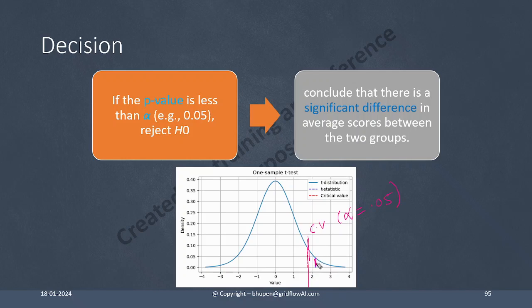Now, if your t-statistic is more than the critical value, that means it is in this region, and this region is called the rejection region. If your t-statistic falls in the rejection region, then you can reject the null hypothesis, which is H naught. Typically, H naught says the mean of A is equal to the mean of B. And then you say that no, this is not true. The mean of A is not the same as the mean of B, so we reject the null hypothesis.